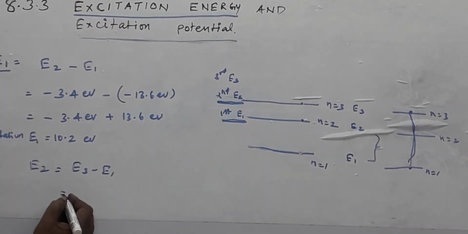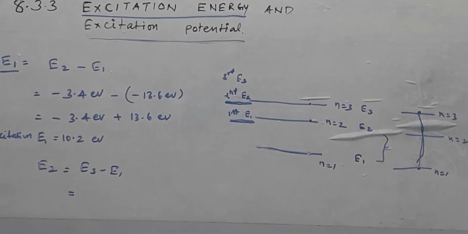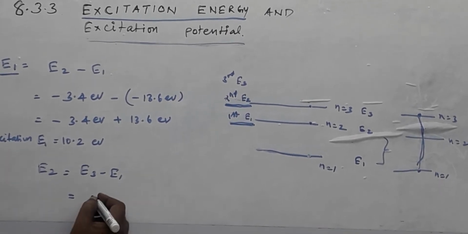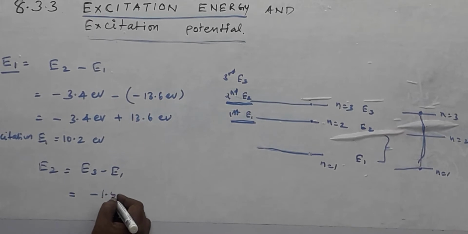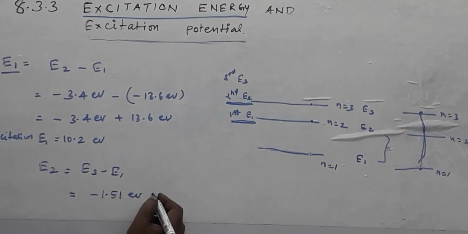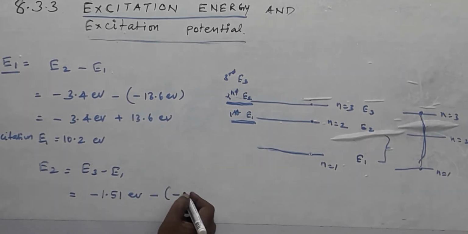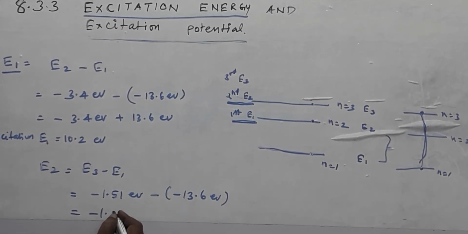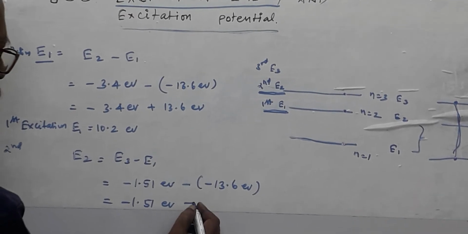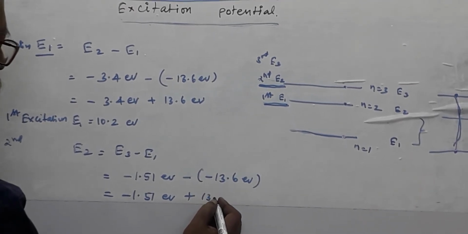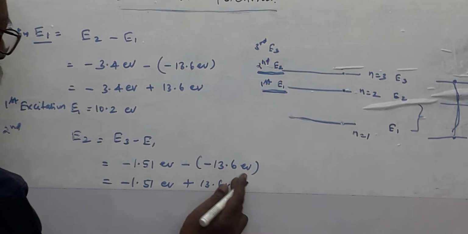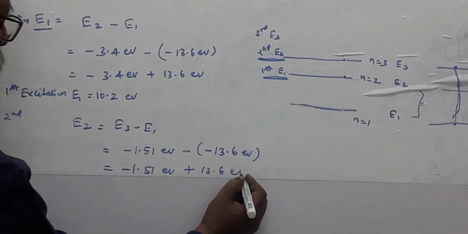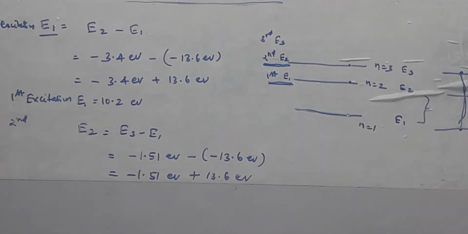E3, as per this work, we know the value is minus 1.51 electron volt, minus E1, minus 13.6 electron volt. Now minus 1.51 electron volt minus of minus 13.6 electron volt. Are you clear?